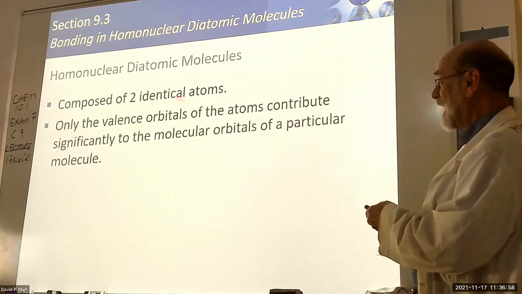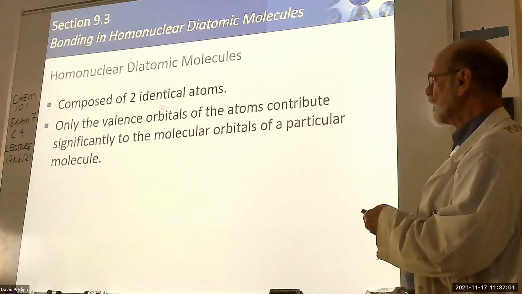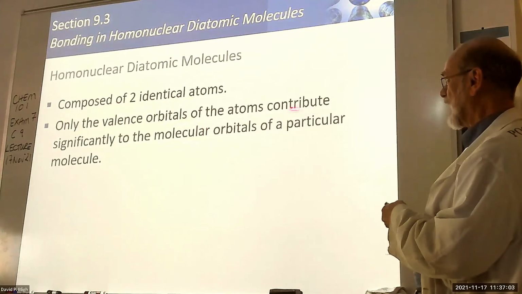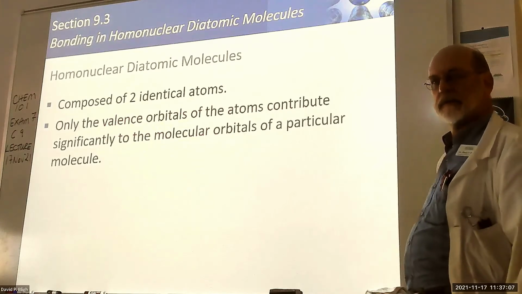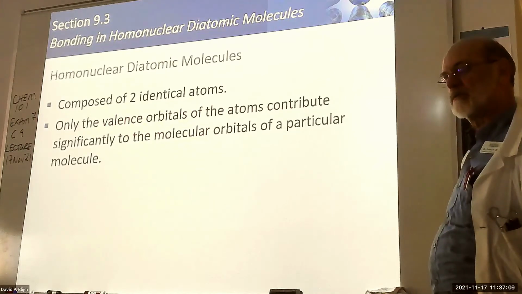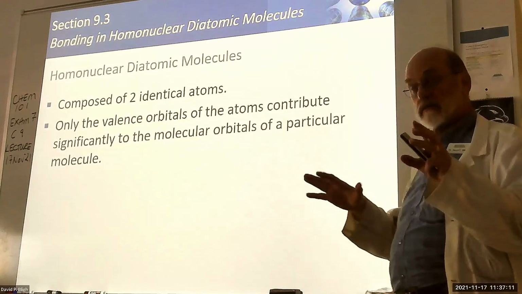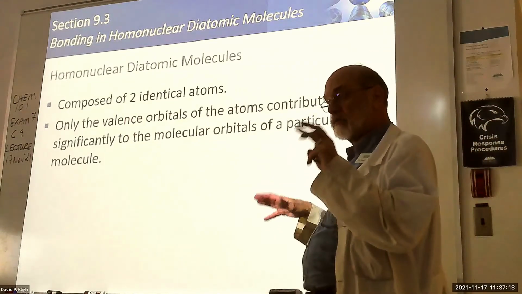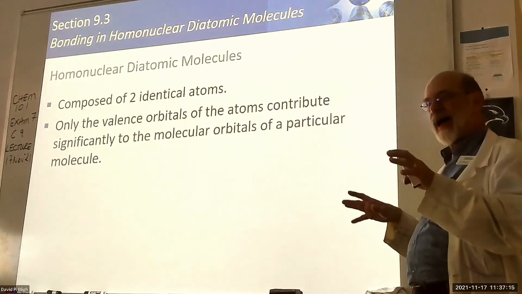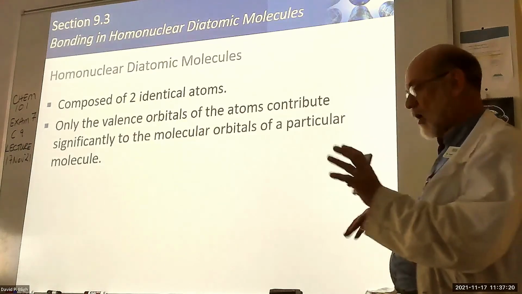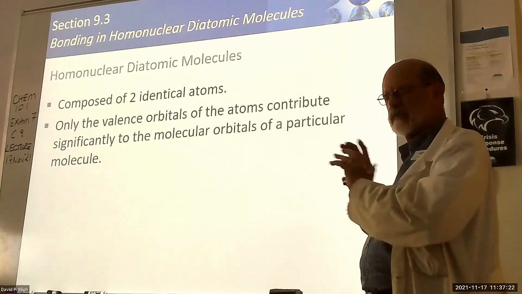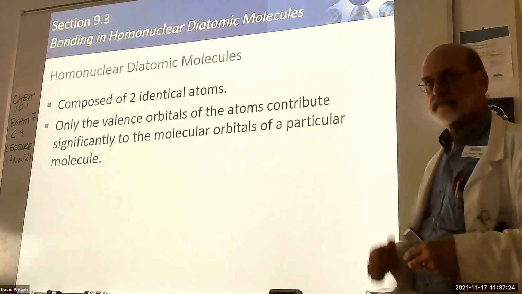Okay, two identical atoms, that's true. And we usually only show the valence orbitals of the atoms because they're the ones that contribute to the bonding. The non-valence, the core electrons, they're there. When the actual molecule is described with the molecular orbital wave functions, all of the electrons are included.